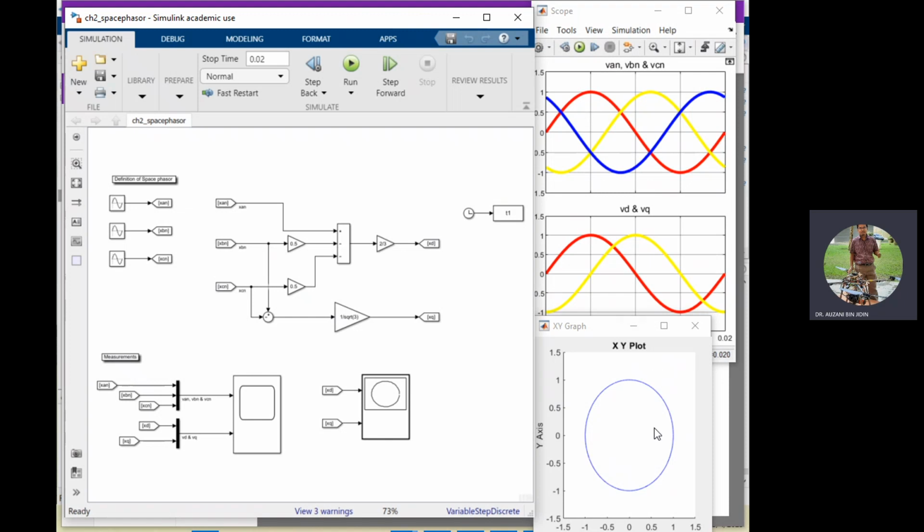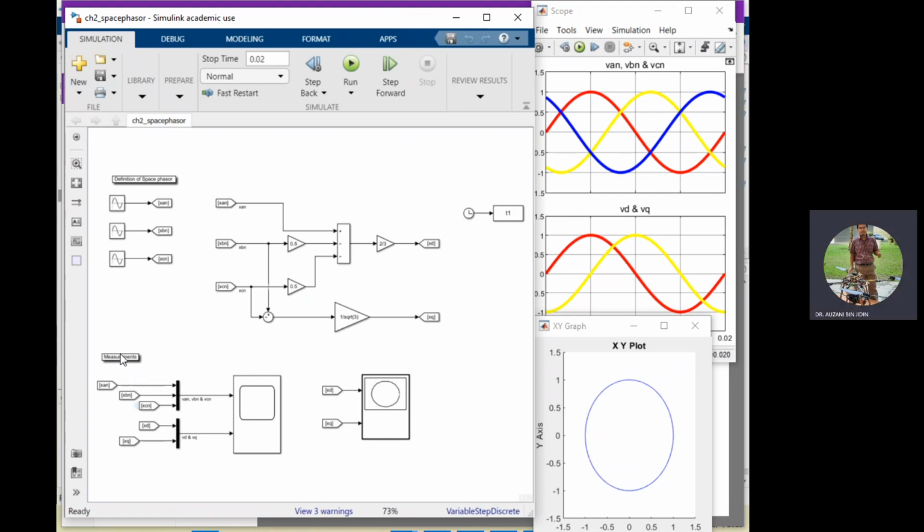In this case, the locus plots a circular locus where it rotates in counterclockwise, because your sequence, VAN comes first, then followed by VBN, the yellow color, and VCN, blue color. But for the VD-VQ, the VD comes first, then followed by VQ.